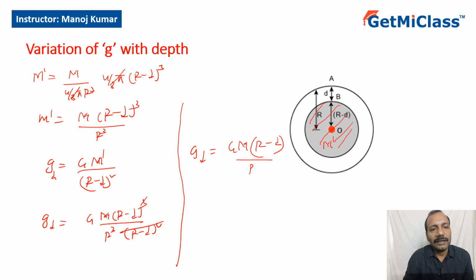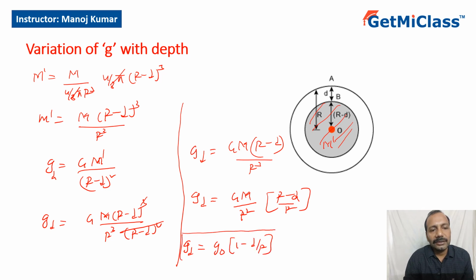If I want to compare with acceleration due to gravity on the surface of Earth, I'll write it as GM by R square into (R minus d) by R. GM by R square is the acceleration due to gravity on the surface of Earth, so this can be written as g naught into 1 minus d by R. So this is the acceleration due to gravity at a depth d from the surface of Earth.